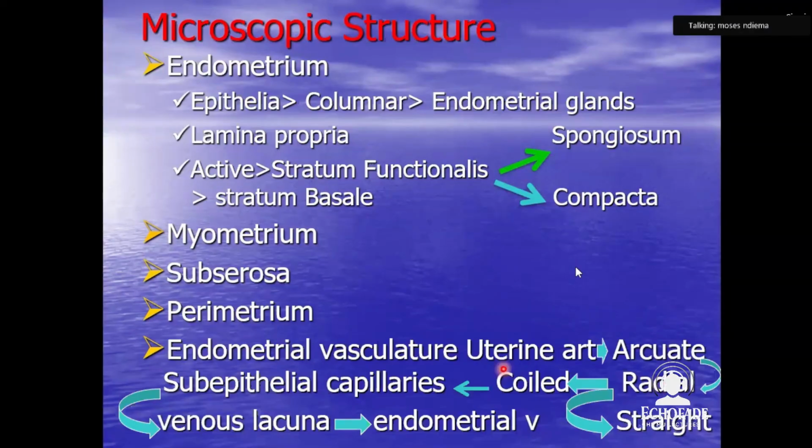They can form a coiled artery. Coiled artery within the stratum functionalis. This coiled artery extends to the epithelia here and forms subepithelial capillaries.